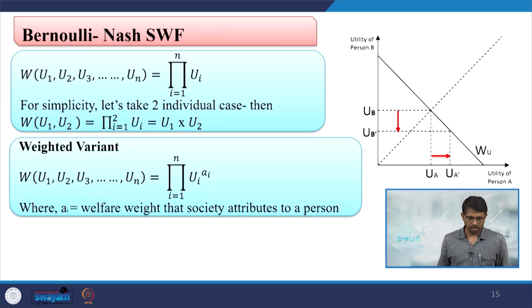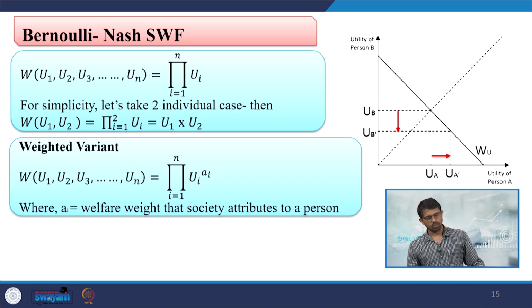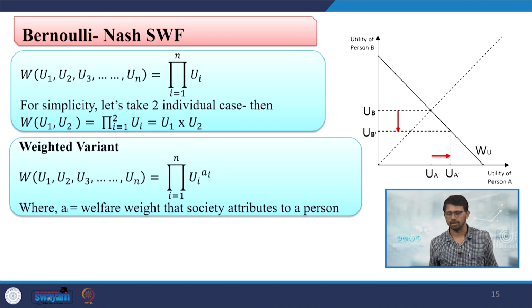Then let us discuss the Bernoulli-Nash social welfare function. From the texts from different studies that we collated, we observed that Bernoulli-Nash suggested the utility functions are no more additive, they are rather carried as a product.